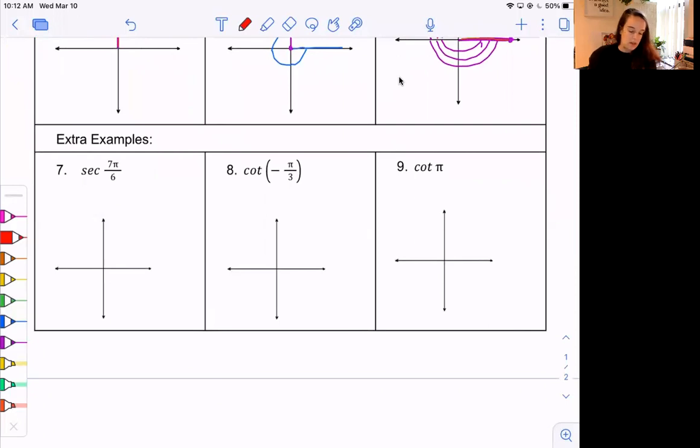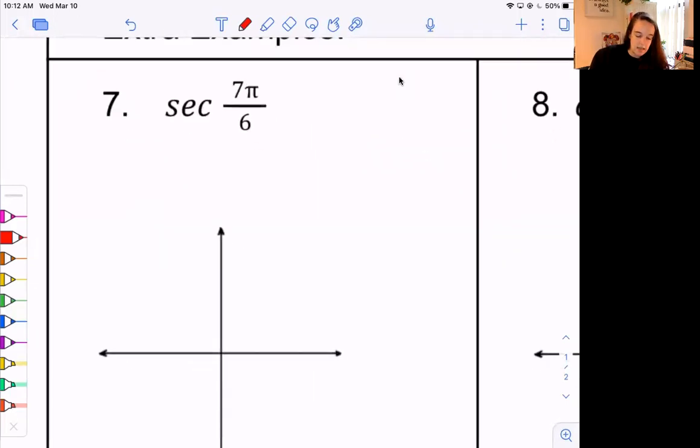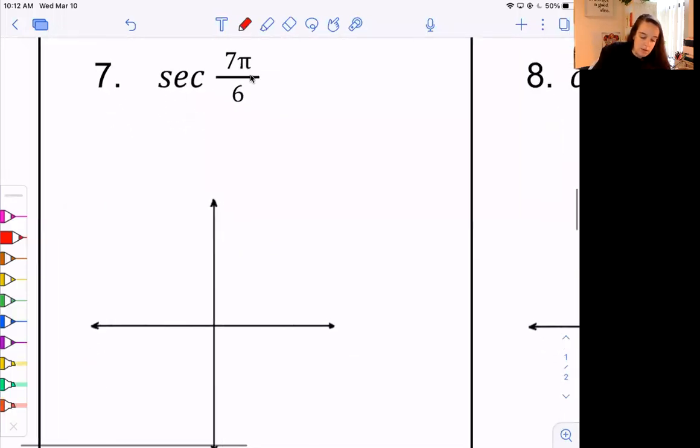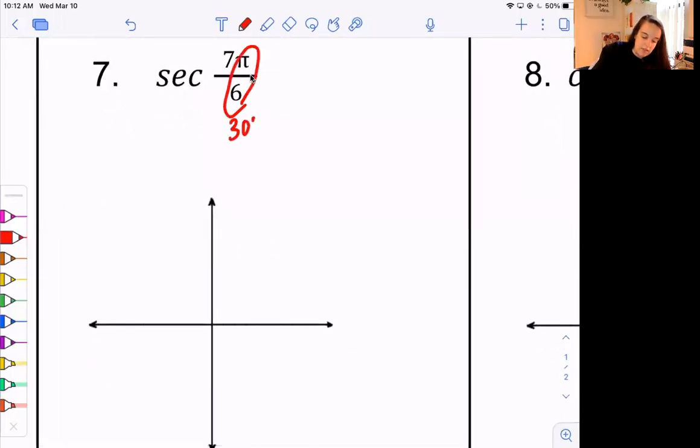Cool. All right, so let's look at secant 7 pi over 6. Pi over 6 is 30 degrees, times 7 would be 210 degrees. So I know that I am over here in this quadrant. Draw a dark line there. I went 1, 2, 3, 4, 5, 6, and then now I'm at 7 of 6, so I've gone all the way around.